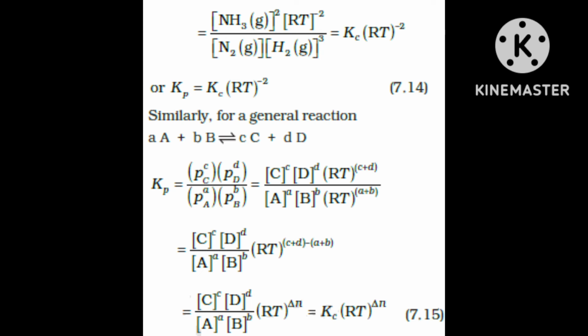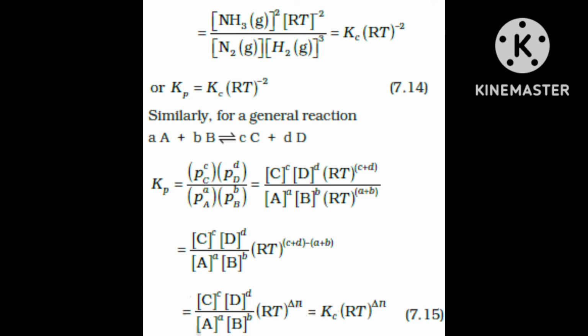Kp is equal to Kc into 1 upon RT square, because RT square was remaining in the denominator. Then 1 divided by RT square, you can also write as RT power minus 2.